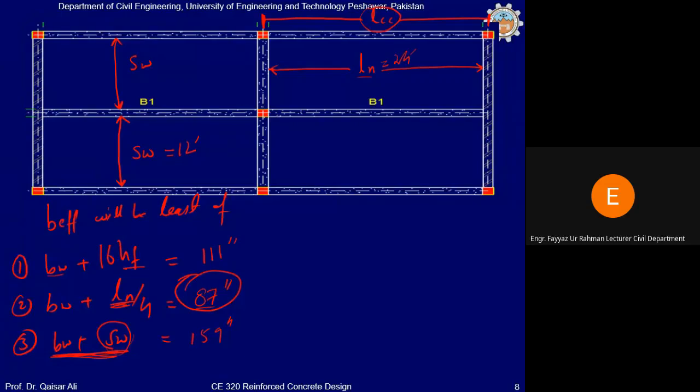So now for any beam slab system you can calculate the B effective, all other geometric parameters will be known to you, and you can design the T-shaped beam just like a rectangular beam. Clear? Yes, sir.